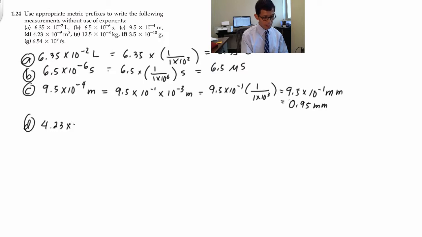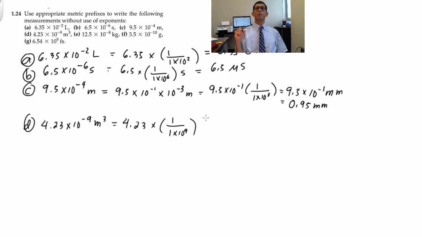Okay, D, 4.23 times 10 to the negative 9 cubic meters. It's like 4.23 times 1 over 1 times 10 to the 9th. What is 1 times 10 to the negative 9? That will be micro, and then pico.